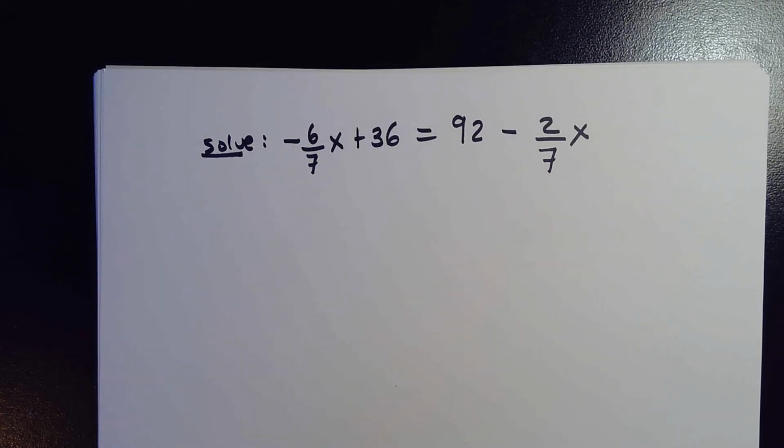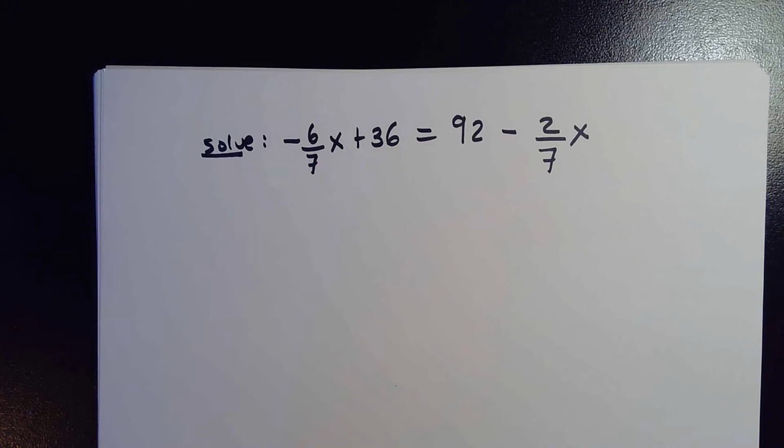Okay, so here we have negative 6 over 7x plus 36 equals 92 minus 2 over 7x. Again, we have an example where we have x on both sides of the equation, so they need to be together. I'm either going to move the negative 6 over 7x to the right or move the negative 2 over 7x to the left.